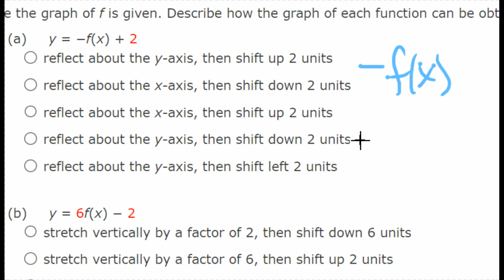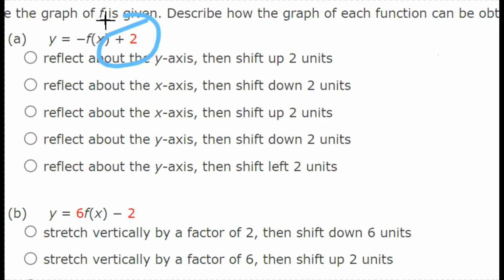A minus f of x says that whatever the y value was before, now it's the negative version. So if it was 2, now it's negative 2. It is a reflection about the x-axis. So it's reflecting about the x-axis, and then the plus 2 just says to add 2 units to that y value. So it moves up by 2.